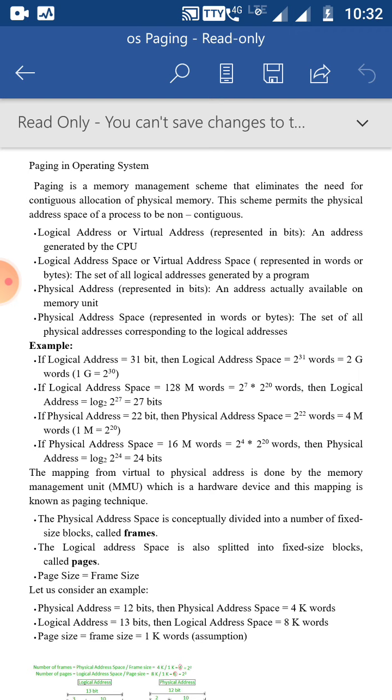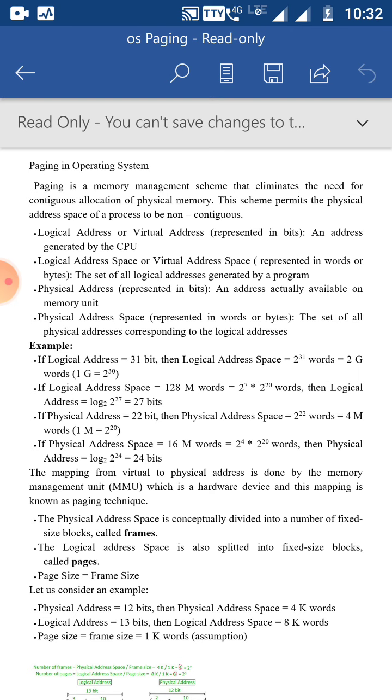So in the paging technique, before getting into the details, we must know some background.